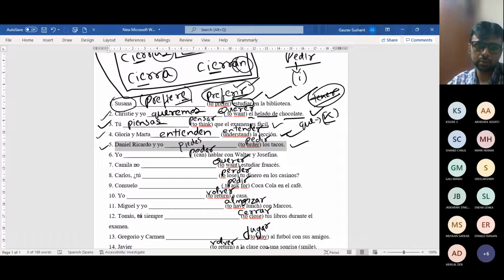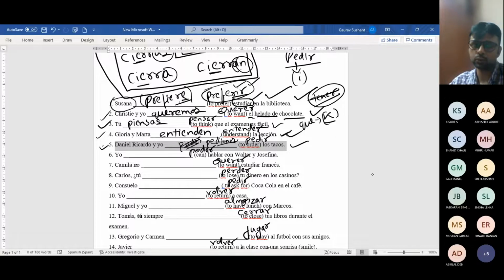But I don't think it is the correct answer. This fifth one is similar to number two, in terms of the subject. Daniel Ricardo y yo is again first person plural, meaning the nosotros conjugation. So in the nosotros conjugation, you don't need to make any change in the stem. It will be simply pedimos.